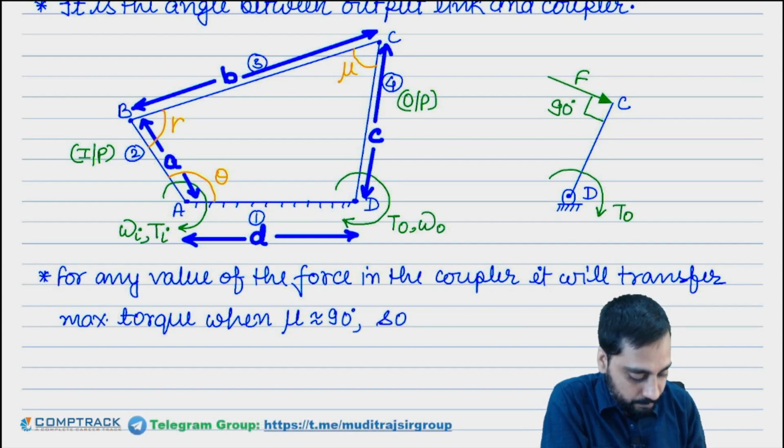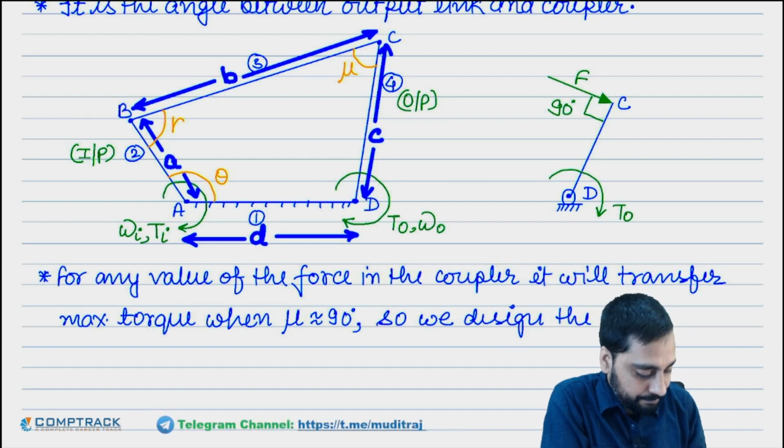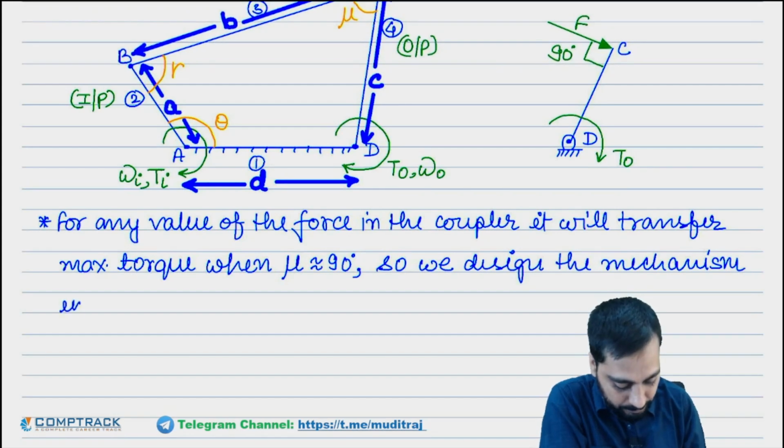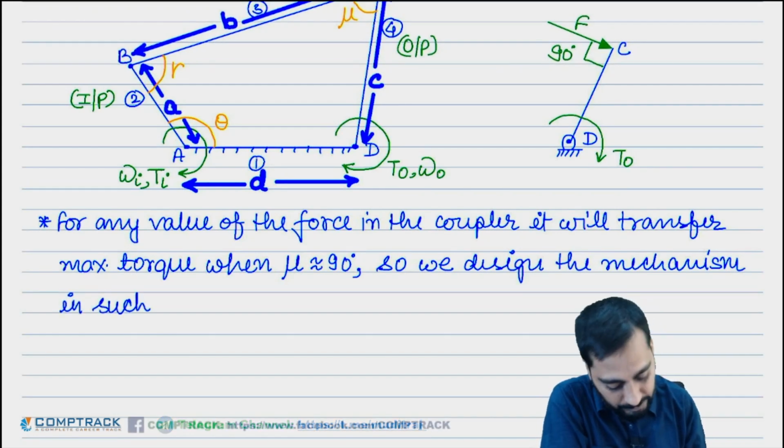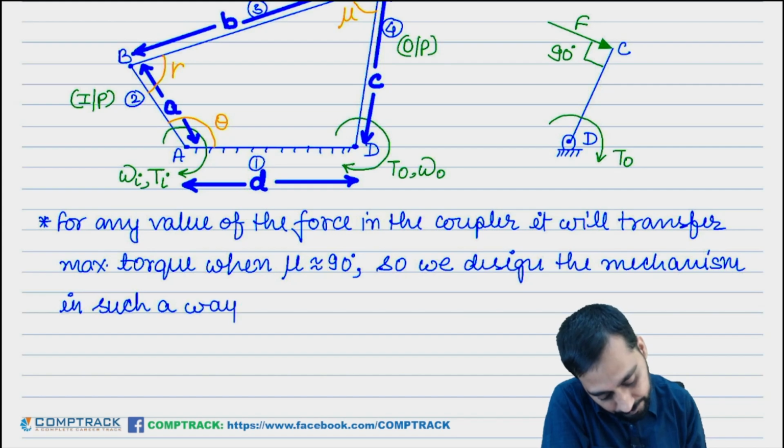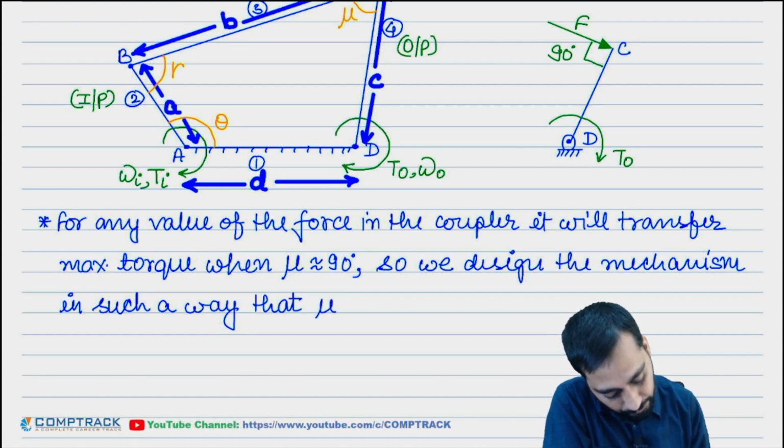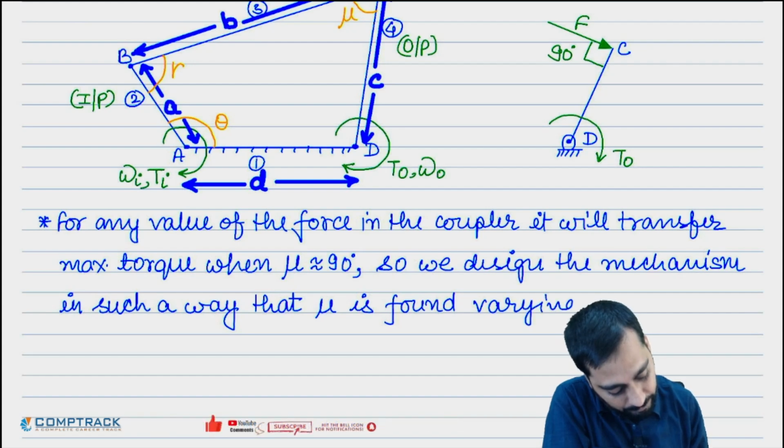So we design the mechanism in such a way that mu is found varying near to 90.